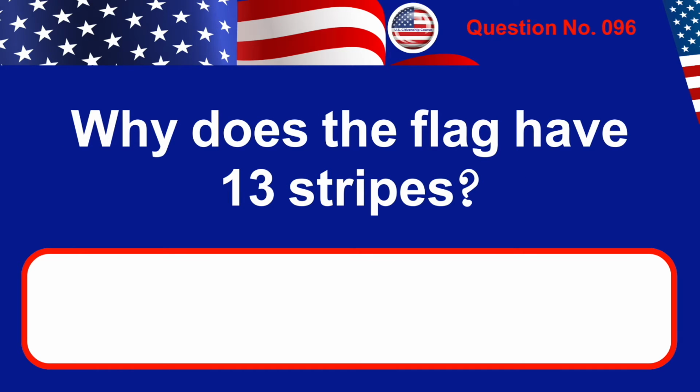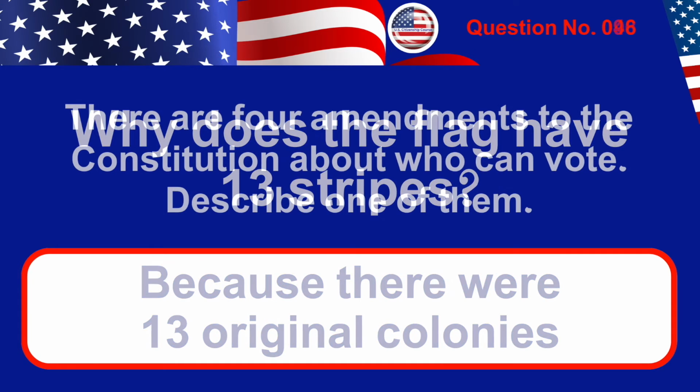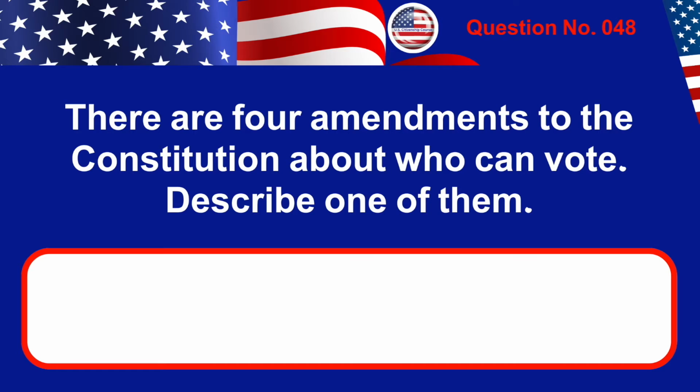Why does the flag have 13 stripes? Because there were 13 original colonies. There are 4 amendments to the Constitution about who can vote. Describe one of them.